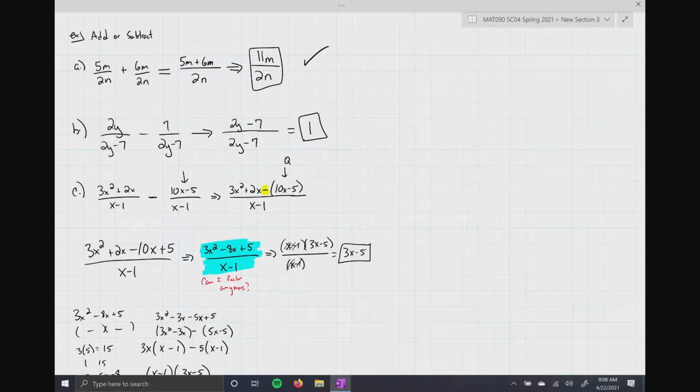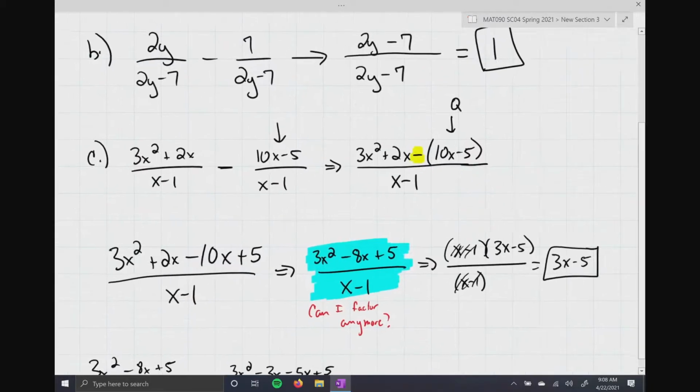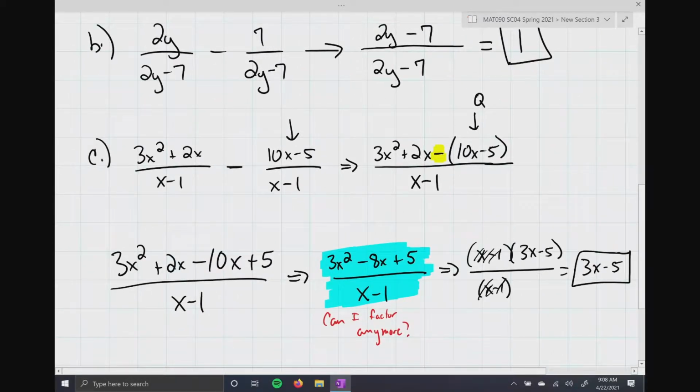So if you look at letter C right here, notice that we have 3x squared plus 2x in the numerator and then x minus 1 in the denominator. And then the second fraction is 10x minus 5 in the numerator and then x minus 1 in the denominator. The thing you have to remember here is this.